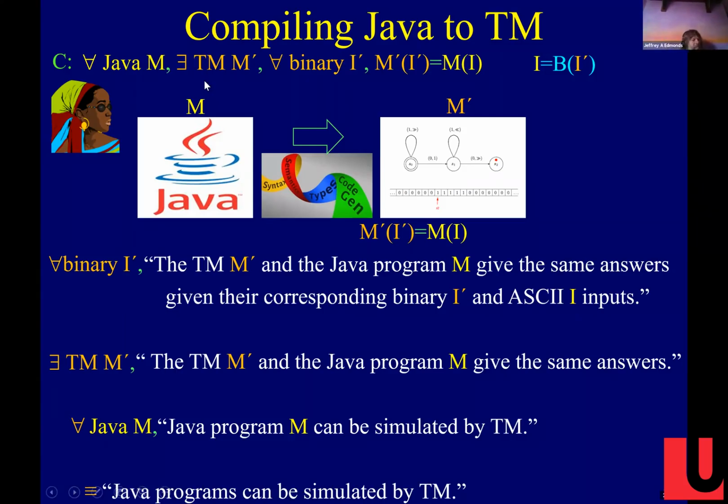And what does simulate mean? It means you give me any binary input that might be given to this Turing machine, I translate it into an ASCII input, and then what the Turing machine does on the binary input is exactly the same as what the Java program does on the ASCII input, right?